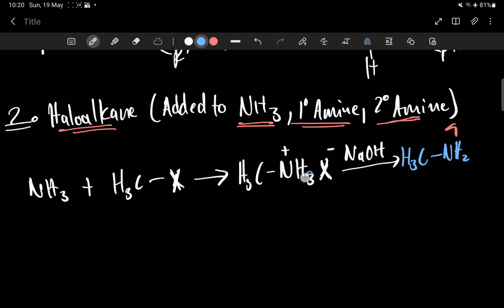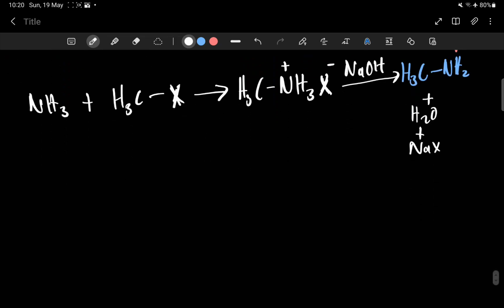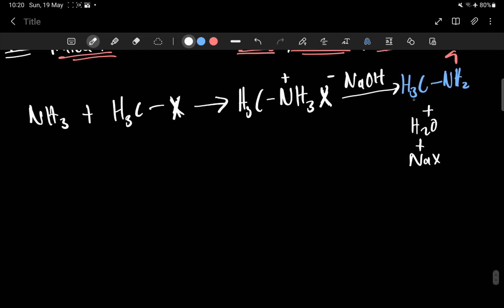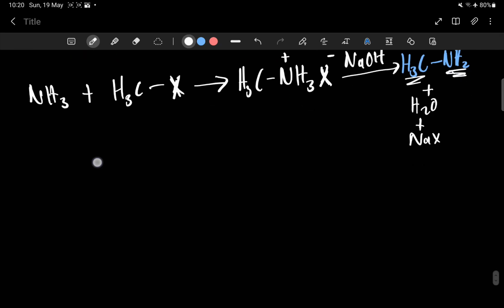So this one hydrogen goes, and the group 7 will go. So what's going to end up happening is we will get water and we will get NaX. The sodium now will react with the group 7, and that's what happens. Remember that where you add your NH3X, you just remain with NH2.